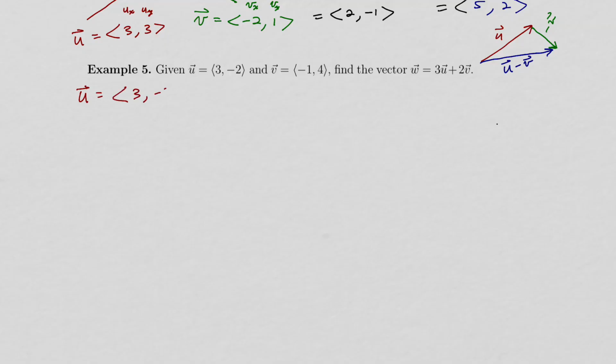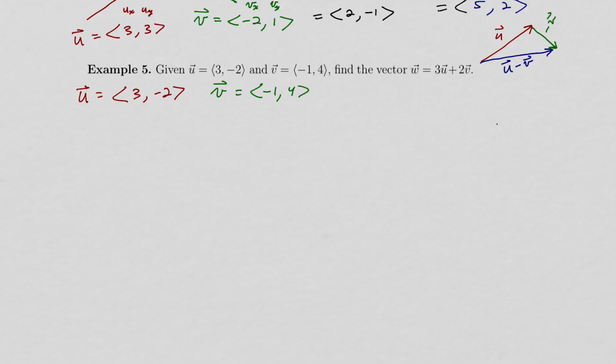And v is negative 1, 4. And we want to find the vector w, which is 3u plus 2v.